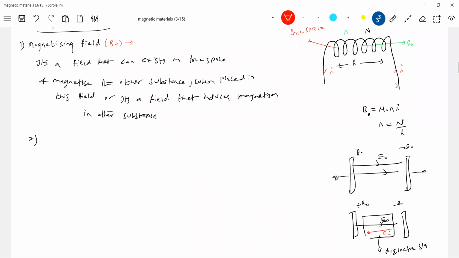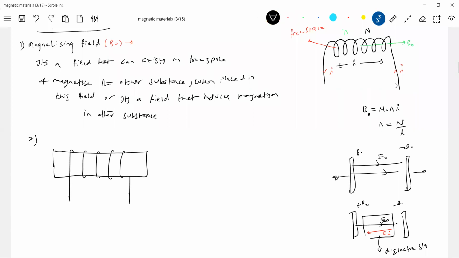Similarly, what will happen when I bring any magnetic substance, and I pass a current I?